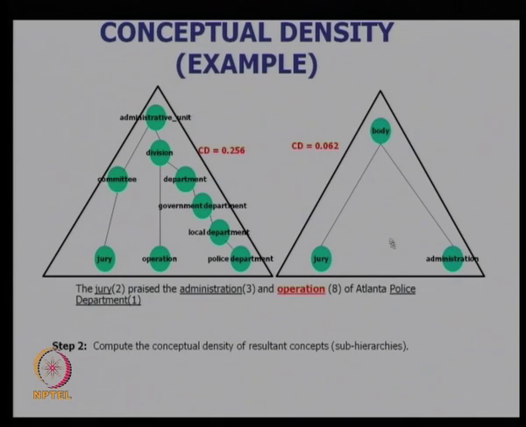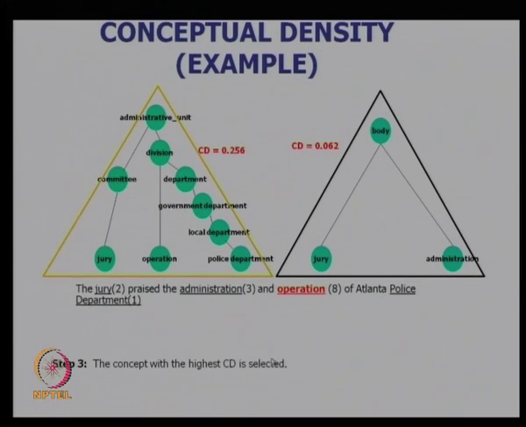When these two trees are made, we are ready to compute the conceptual density of the sub hierarchies, and the concept with the highest CD is selected. This is the subtree which has highest conceptual density, and the senses will be picked up from here.